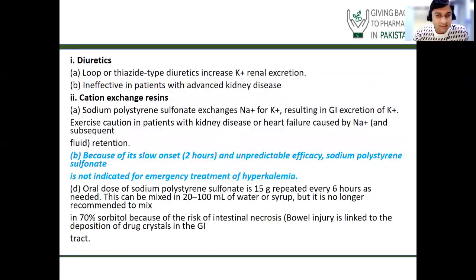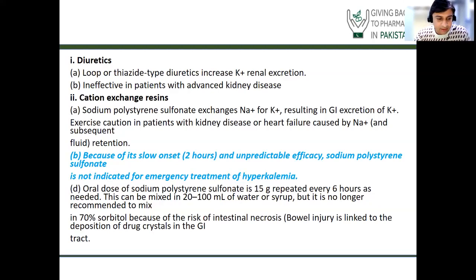So diuretics again are an ineffective way of reducing potassium, and a very effective way of reducing potassium is to give the cation exchange resins, which is sodium polystyrene sulfonate. It exchanges sodium and absorbs potassium, so it is excreted from the body.